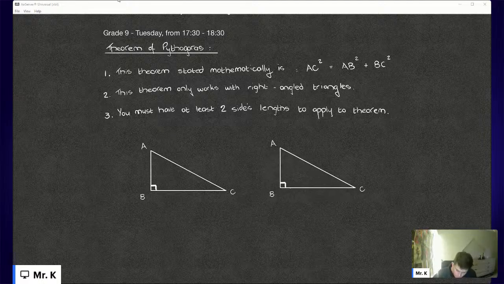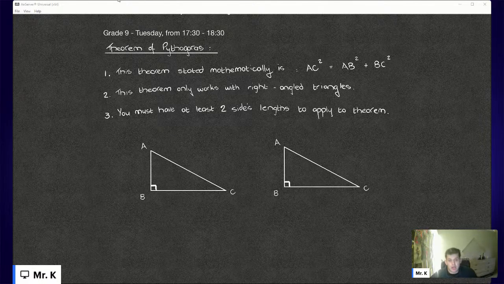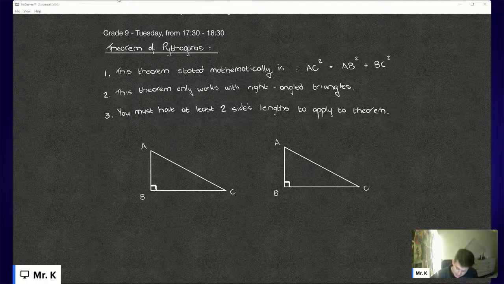Well, looking at the left-hand triangle, we can see that the side over here, sloping downwards, stretches between corner A and corner C. So we could call this side AC, right? That's no surprise, guys. The bottom would be side BC, and this side would be AB over here.